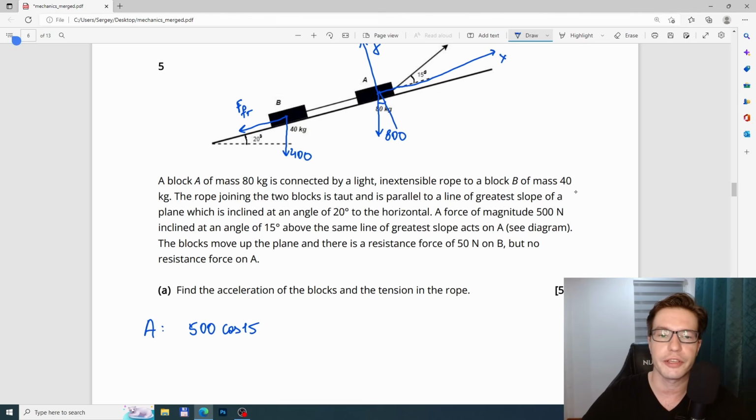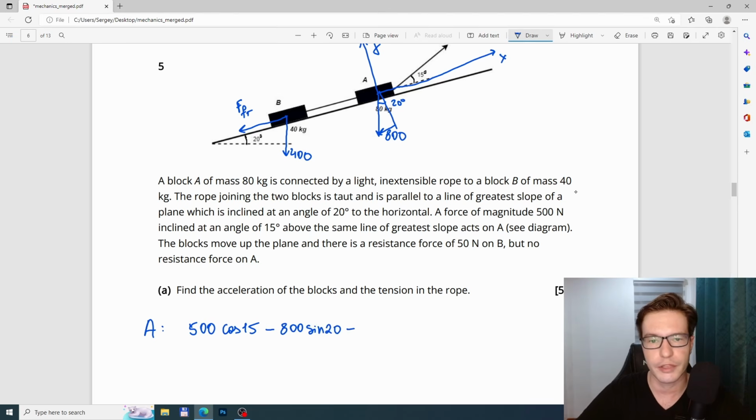Now this little angle here is 20, and the x component is opposite of the angle. So it's going to be minus 800 times sine 20. And there is also tension in the string. And all of this equals ma, which is 80 times A.